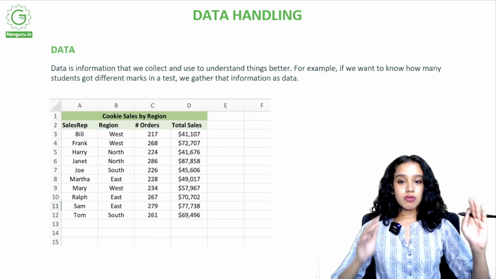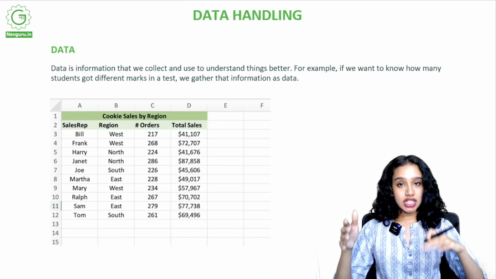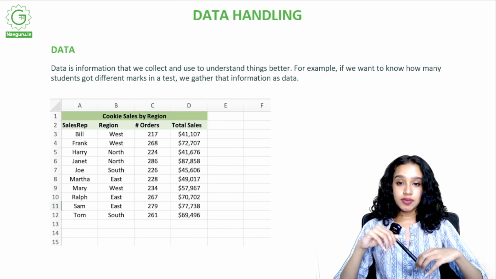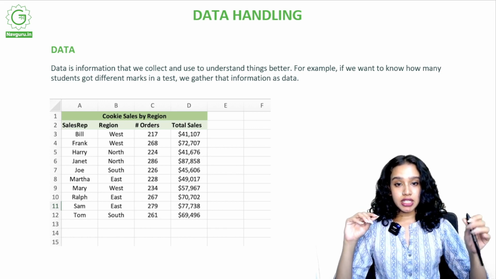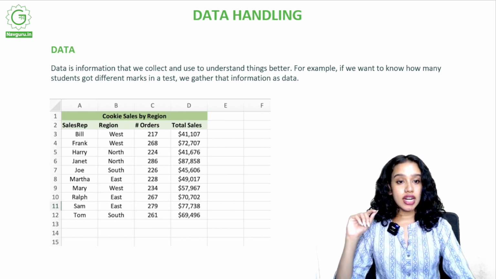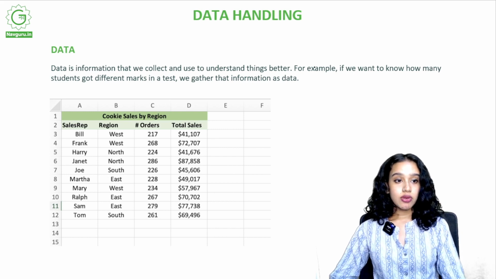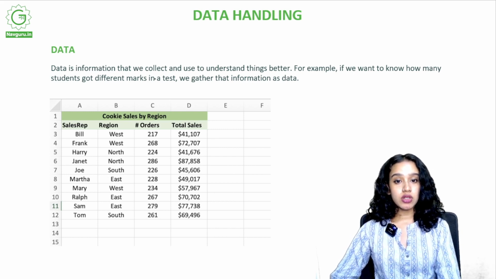So first let's talk about data. Data is information that we collect and use to understand things better, right? For example, if we want to know how many students got different marks in a test, we gather that information as data.